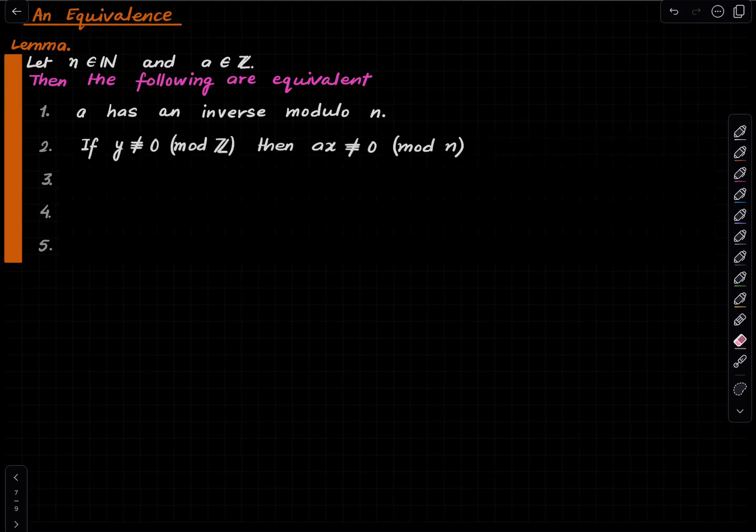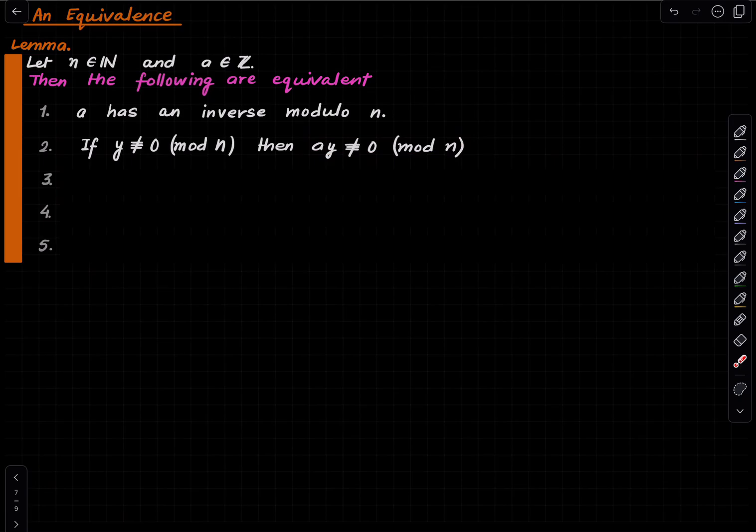The second statement is that if you have something that is not divisible by n, and you multiply that with A, you get something that is not divisible by n. I have written modulo z, but I meant modulo n.